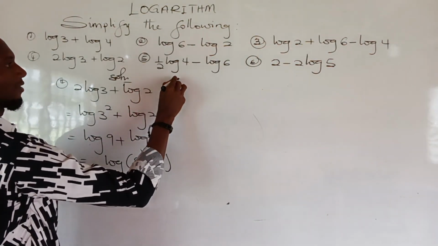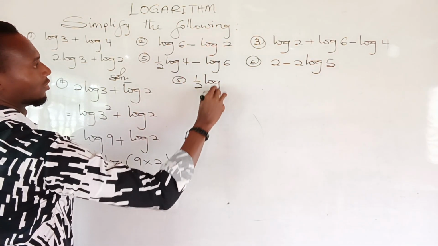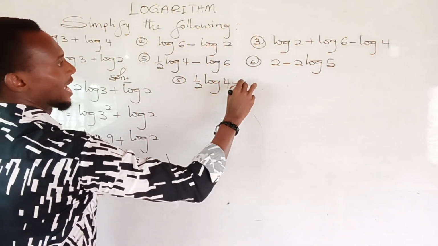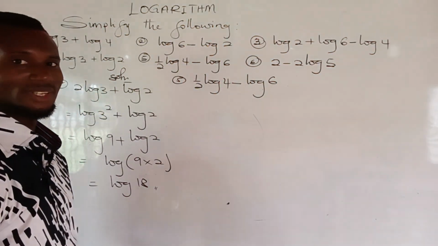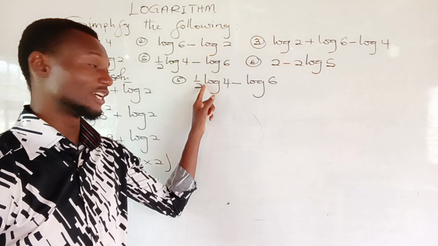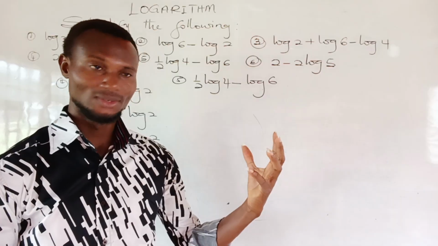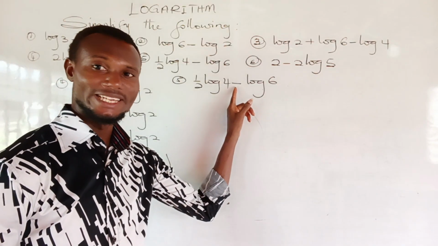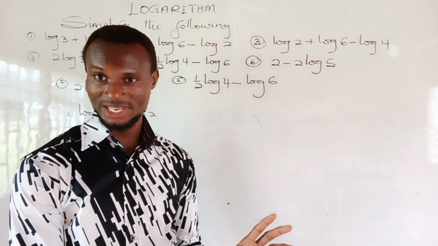In example 5, I have half log 4 minus log 6. Again, seeing 1 over 2, which is a coefficient to the log here, it means the power rule should come to mind. And also seeing the negative sign here means that the quotient rule needs to come to mind.